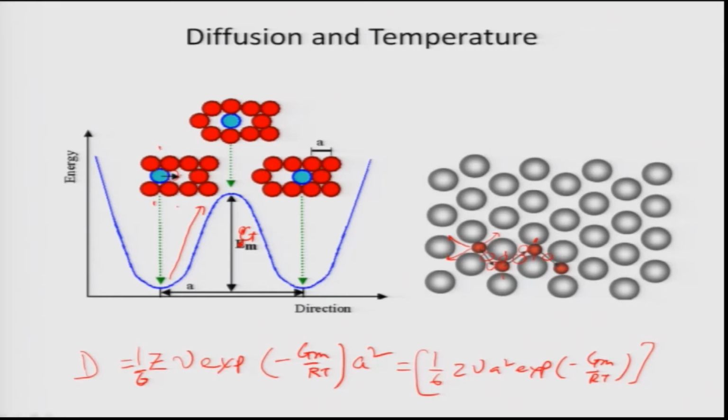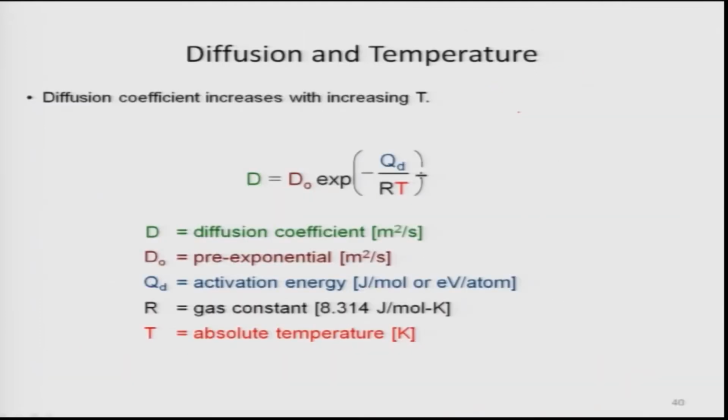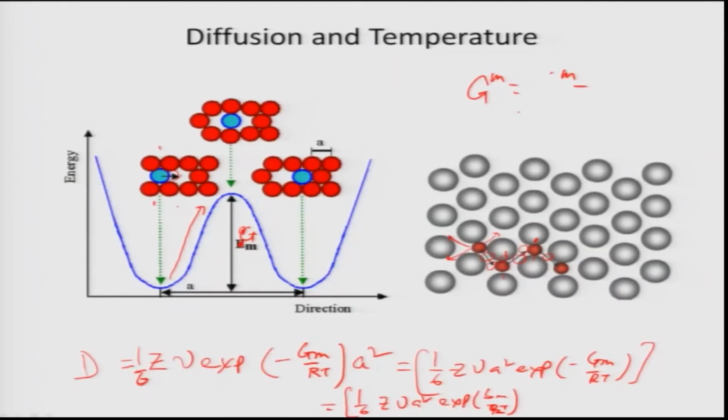That is nothing but 1 by 6 Z nu a square exponential minus Gm by RT, where Gm is nothing but Hm minus T Sm.